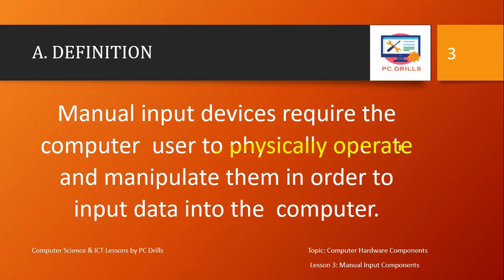So for you to be able to input any data into the computer using these manual input devices, you will need to operate the machine manually, probably pressing the keyboard to change or add something on the screen, press to delete, and so on. So manual input will always need a user to operate. Without the user, it cannot input anything on its own.